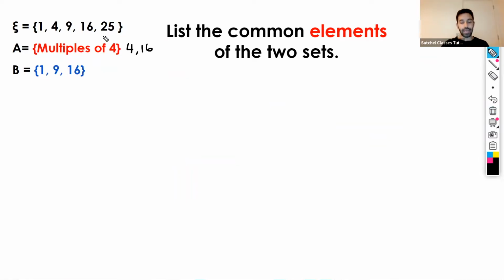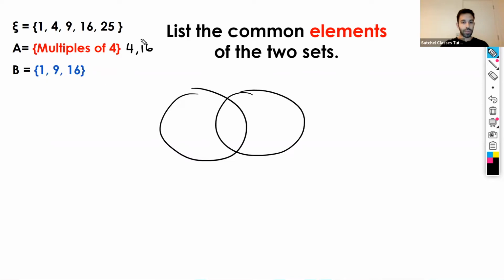Now I know we have 8, 12 as well, but we just want the multiples of 4 from the universal set. So that's just going to be 4 and 16. And then set B is numbers 1, 9, and 16. So the only number that is common to both sets, the common element, is going to be 16. And 16 will go in the middle, and then you can fill out the rest of your Venn diagram.